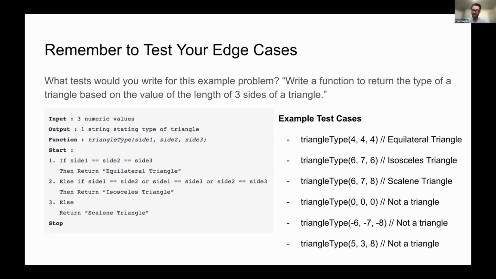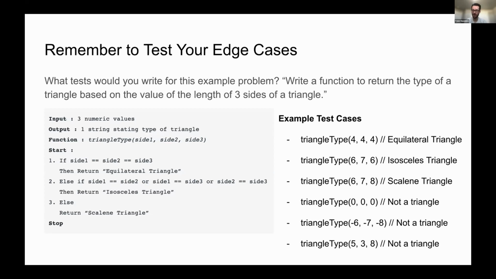What if you had the arguments provided of 0, 0, 0? That's not a triangle, that's a point. If each of the sides have 0 length, that's not a triangle, so that's an edge case. What if you provided negative values? What if you did -6, -7, -8? That's not a triangle because triangles can't have negative lengths.